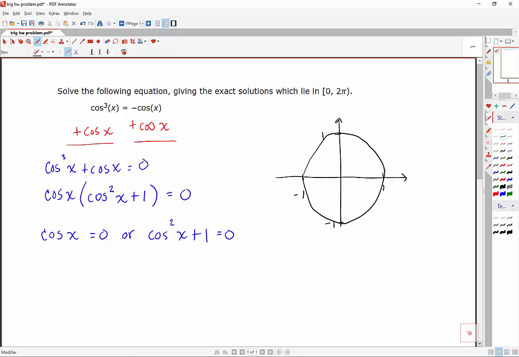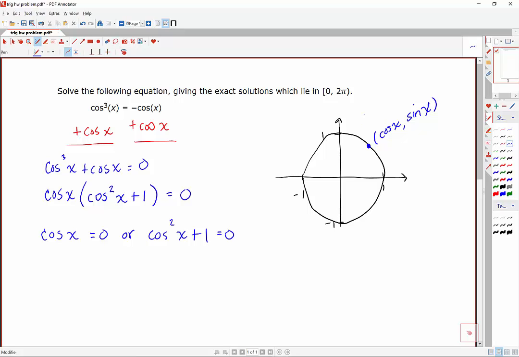And so what will happen here is that any random ordered pair is going to be of the form cosine of x, sine of x. Right? So we want to figure out where the cosine of x is 0. We need to have this entry be 0.